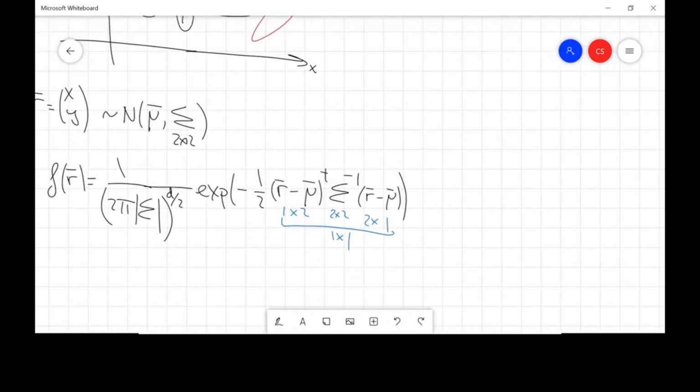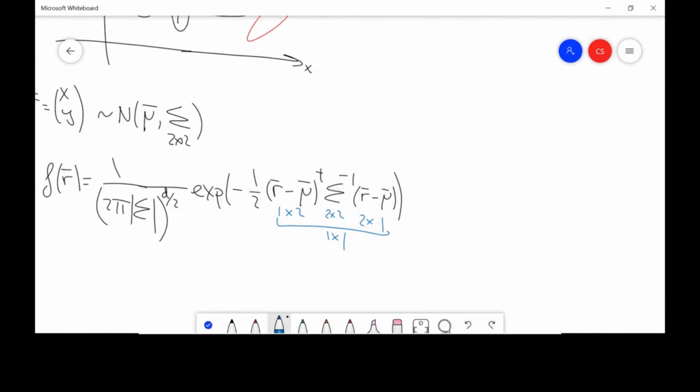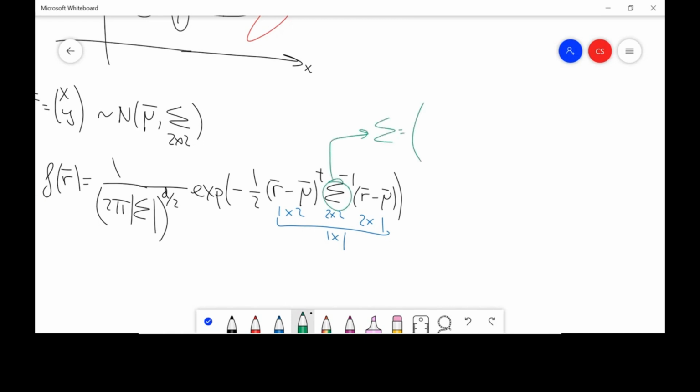Then this matrix here. We take this matrix and it has sigma x squared, sigma y squared.